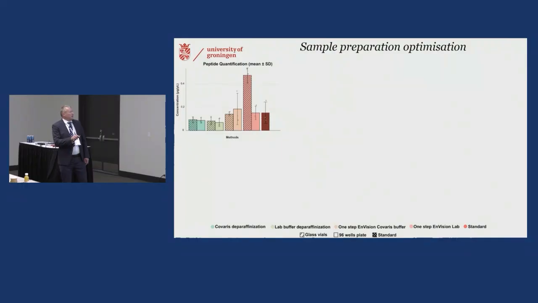Here you see the concentration of protein that we get using this standard method, which is the reference. And here you see a protocol that uses Covaris deparaffinization, here without deparaffinization with SDS buffer, and here one-step deparaffinization with Covaris buffer, and here one-step deparaffinization with SDS.